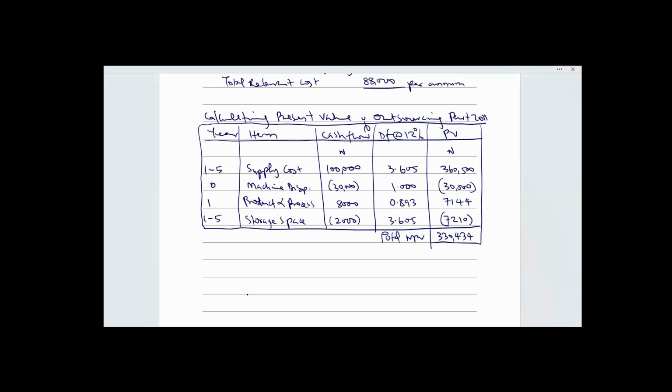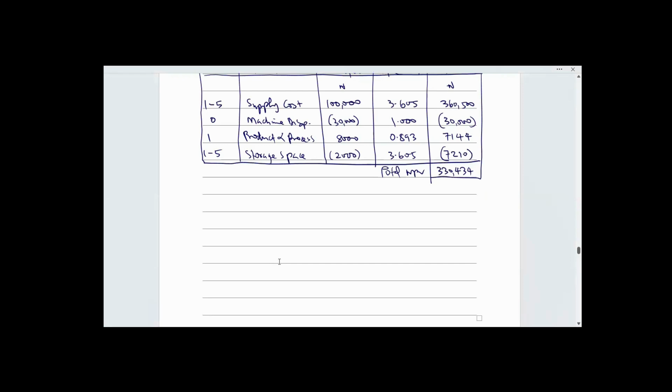So the total net present value under outsourcing is 330,434 naira.